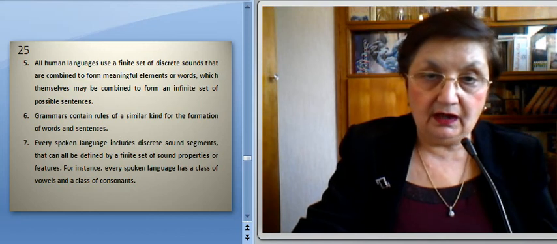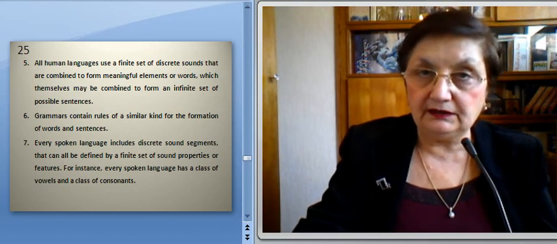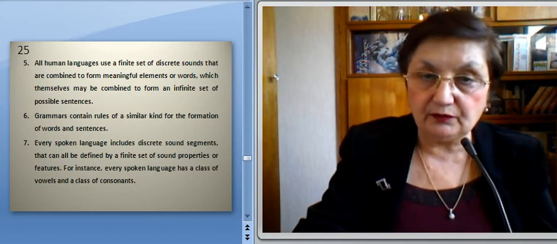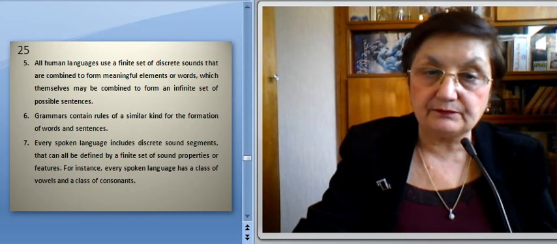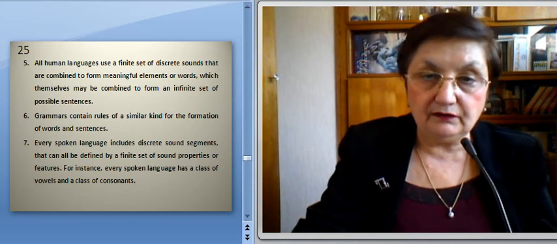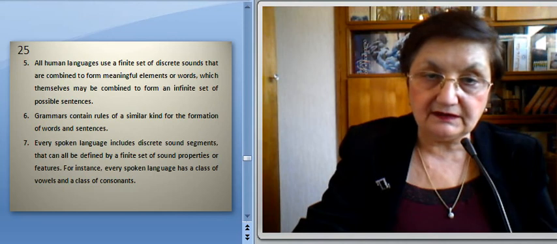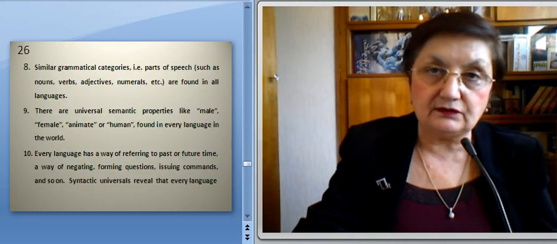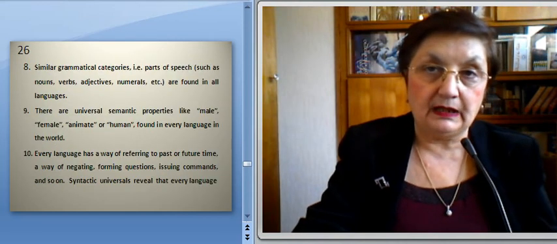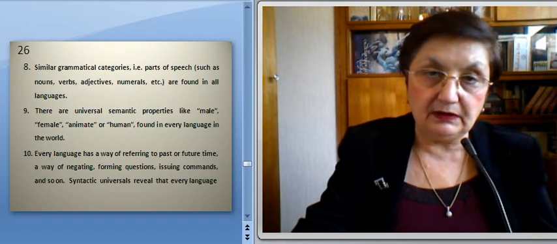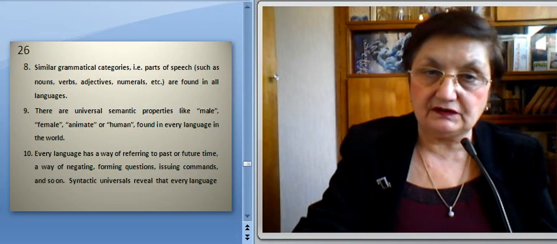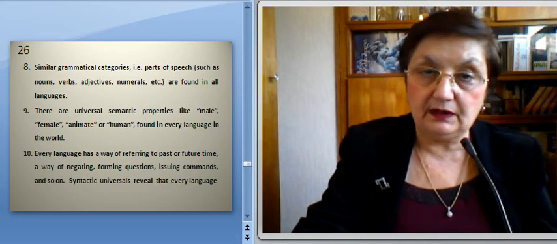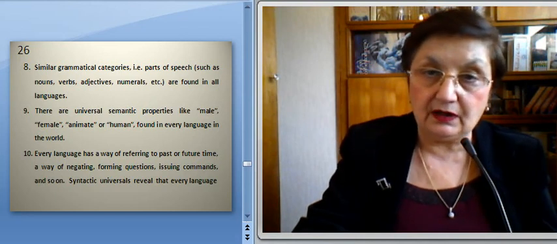Number 8. Similar grammatical categories, that is, parts of speech, such as nouns, verbs, adjectives, numerals, etc., are found in all languages. Number 9. There are universal semantic properties like male, female, animate, or human found in every language in the world.